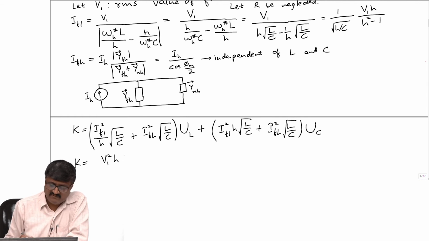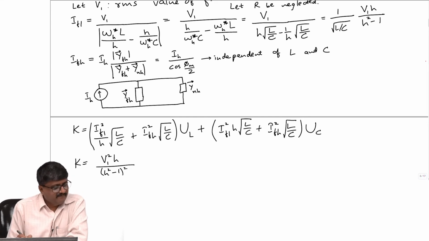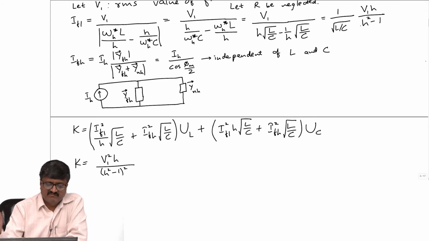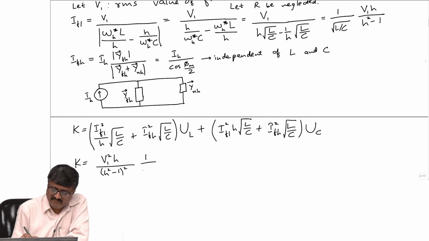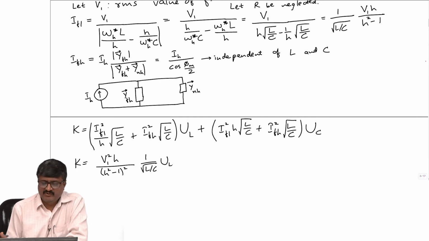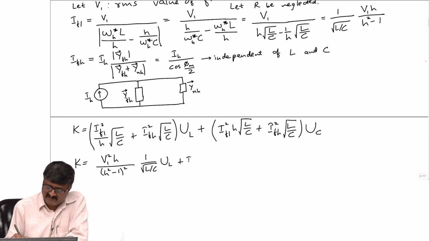So, that results in V1 squared H divided by H square minus 1 whole square, and there is a 1 by root L by C in the expression for I of 1. And of course, in the cost expression also I have a root L by C. So, effectively it results in 1 by root L by C into UL. So, that is the first term. The cost has 4 terms, 2 due to inductor, 2 due to capacitor. This is the first term.